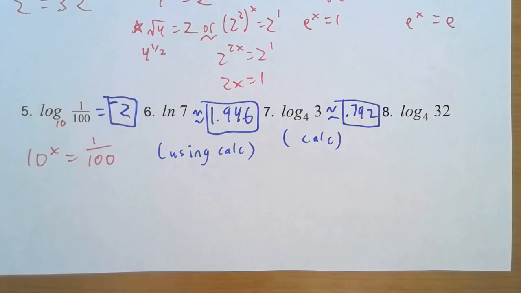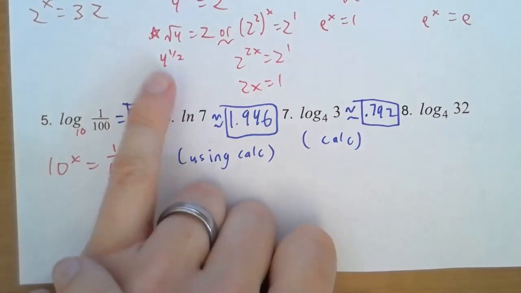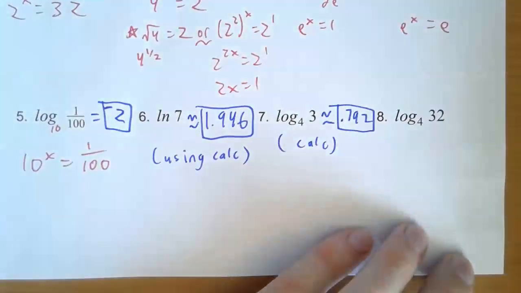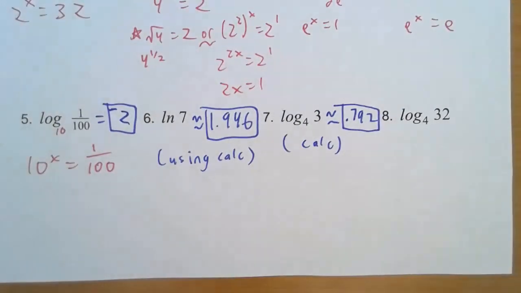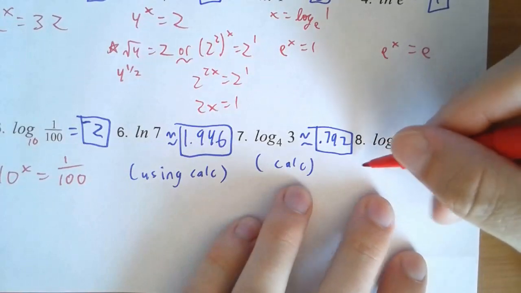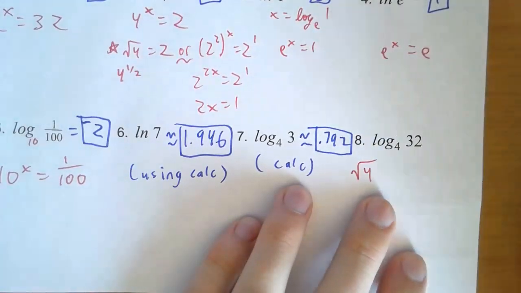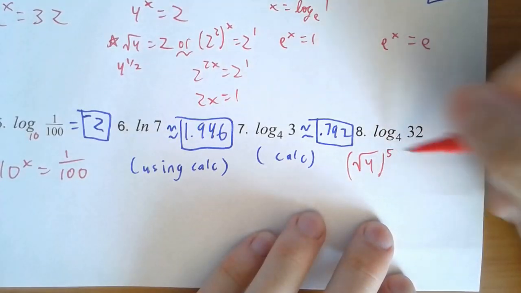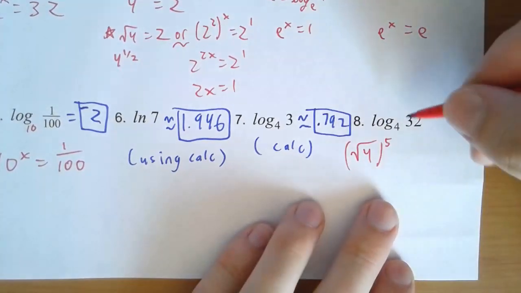So one way to do it is you could think back to roots and powers, back to the fractional exponents. And you could see, all right, well, I don't know how to make 4 turn into 32. I do know how to make 2 turn into 32, though. Well, what if I square root 4 first? Square root of 4 is 2, and then 2 to the 5th power is 32.